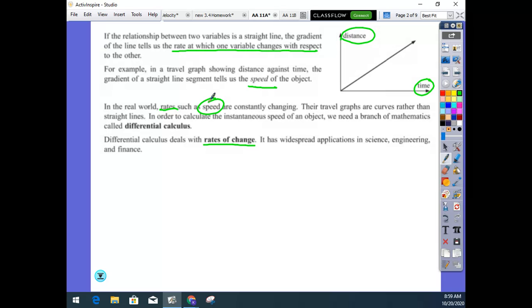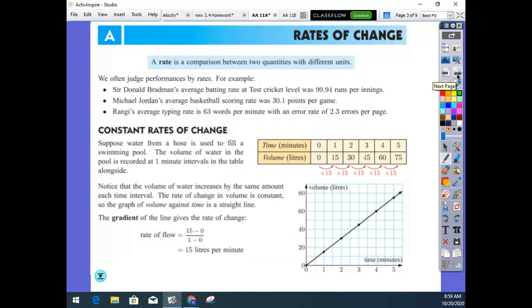A rate is just a comparison between units, and we're going to start real nice and easy here. A rate is just a comparison between two quantities with different units. Anytime you use the word per: runs per innings, points per game.